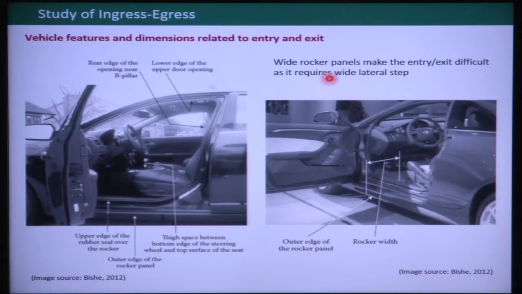So, wide rocker panels make entry and exit difficult as they require a wide lateral step. The person who wants to go from outside to inside the vehicle has to move the leg or the whole body from this point to this point, which requires a wide lateral step.